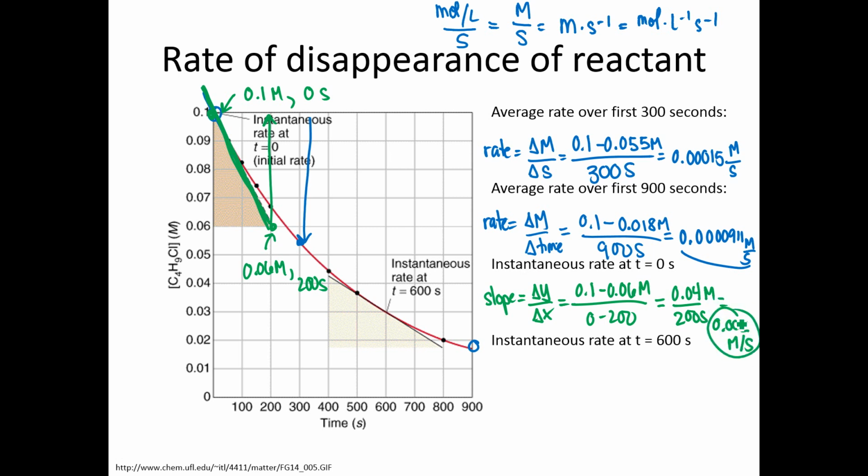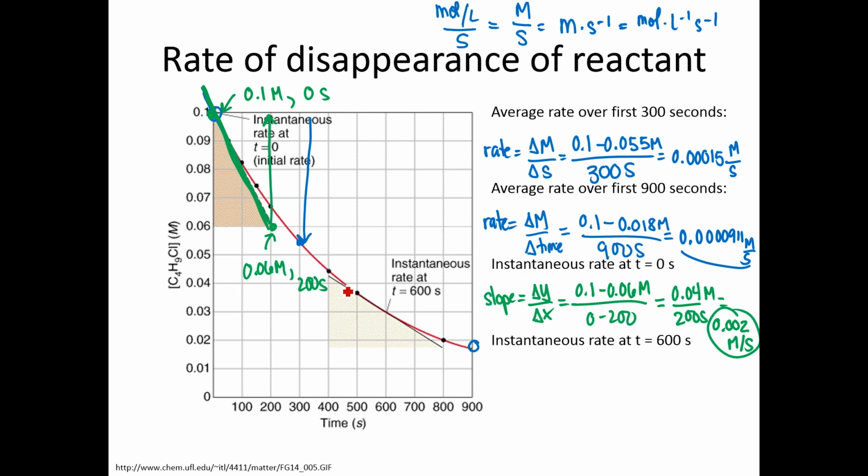You might notice this rate is the largest rate we've calculated so far, which makes sense because initially that's when the reaction's going to be going the fastest, because that's when we have the highest concentration of reactants.